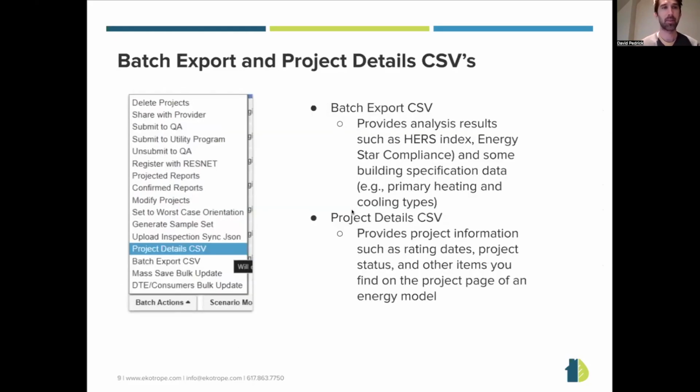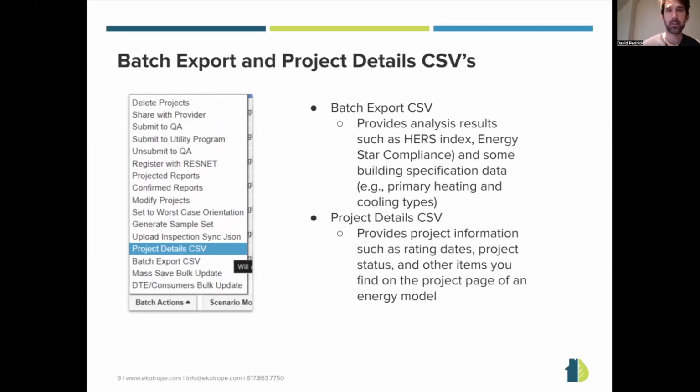Okay, let's move on to batch export and project details CSVs. So this is a place where you can download information out of Ekotrope to a CSV file or a spreadsheet. The 2 different types are project details, which is highlighted there, and then right underneath that is the batch export CSV.